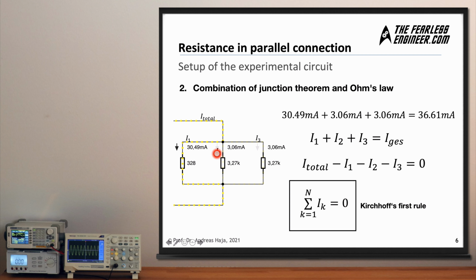And this is the case here, which you can easily observe by computing the sum of all the currents leaving the node and looking at the sum of the current entering the node. These are identical, which means that Kirchhoff's rule applied to this topmost node provides the correct result. And we are looking for this particular equation here for the next step.